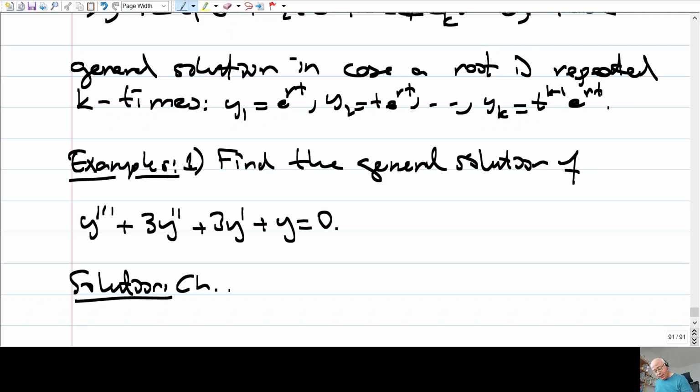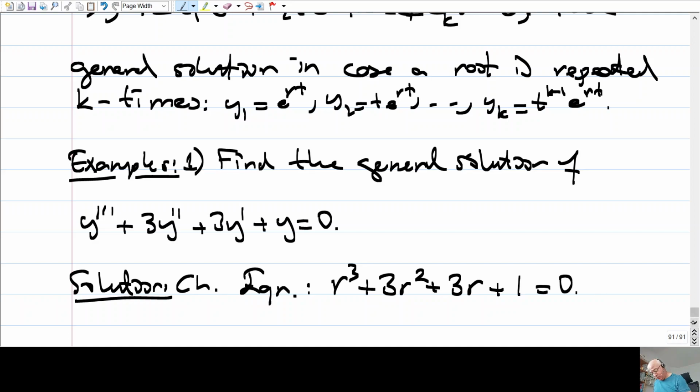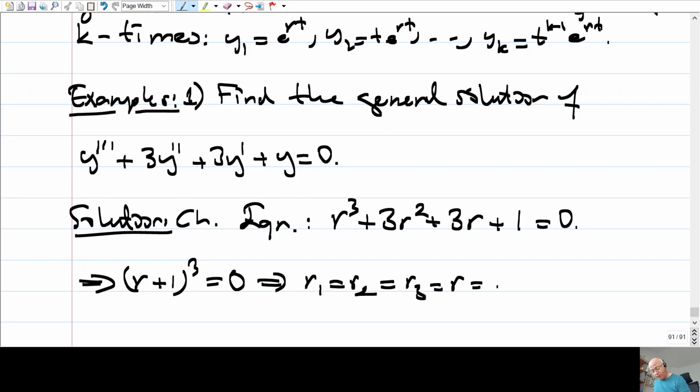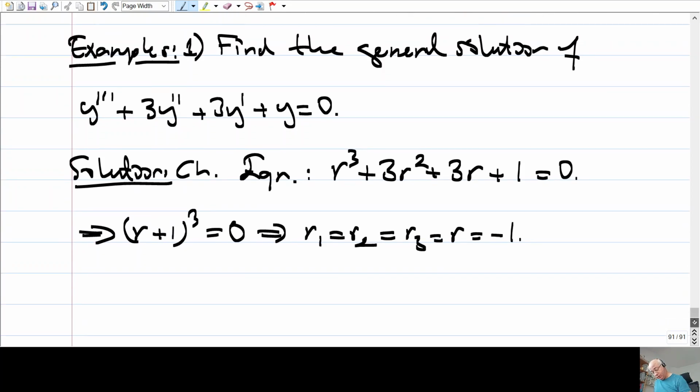We write down the characteristic equation, which is just r cubed plus 3r squared plus 3r plus 1 equals 0. And of course, this is nothing but r plus 1 to the power 3 equals 0. So r1, r2, and r3 are all equal to minus 1.